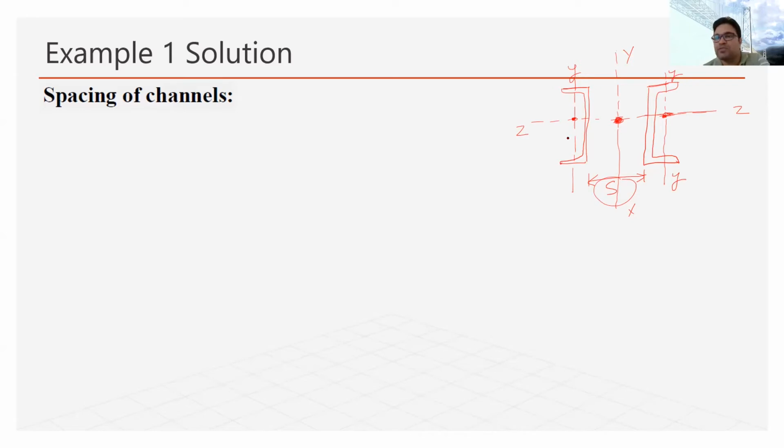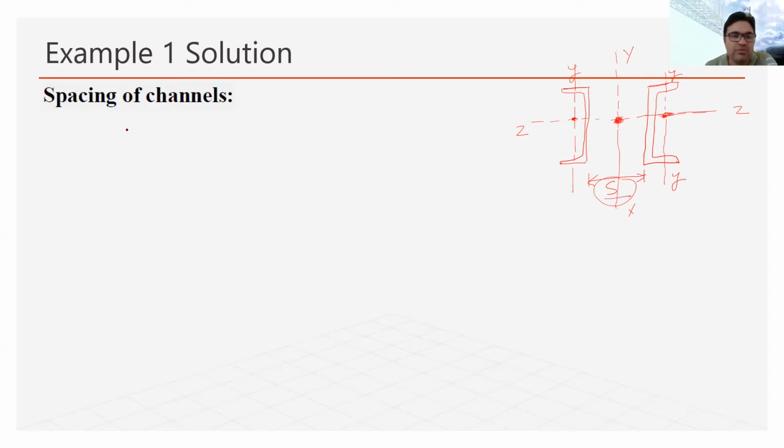Now you can see the difference: the individual z axis and common z axis are on the same line, but the individual y axis and common y axis are not on the same line, which means they are not coinciding. So now we have to find out this s value.